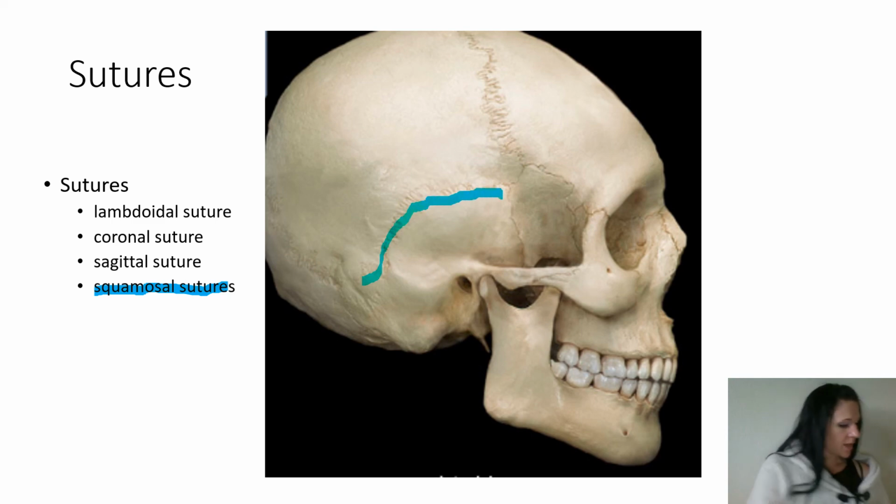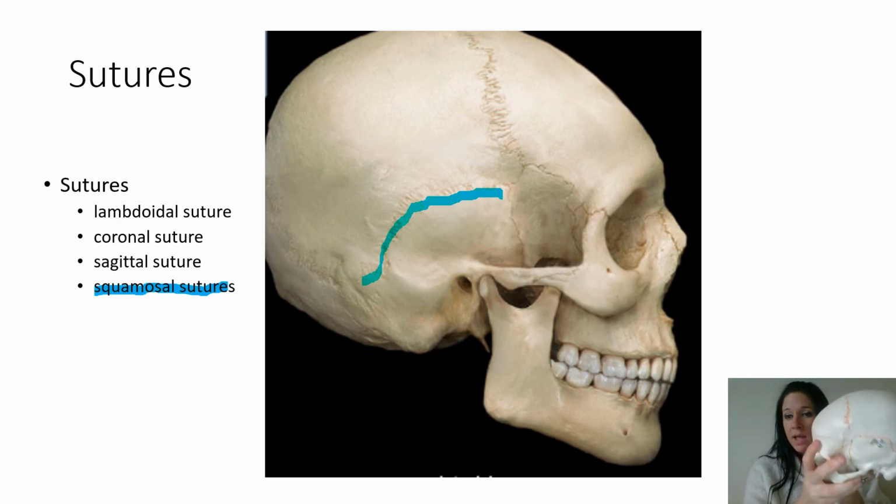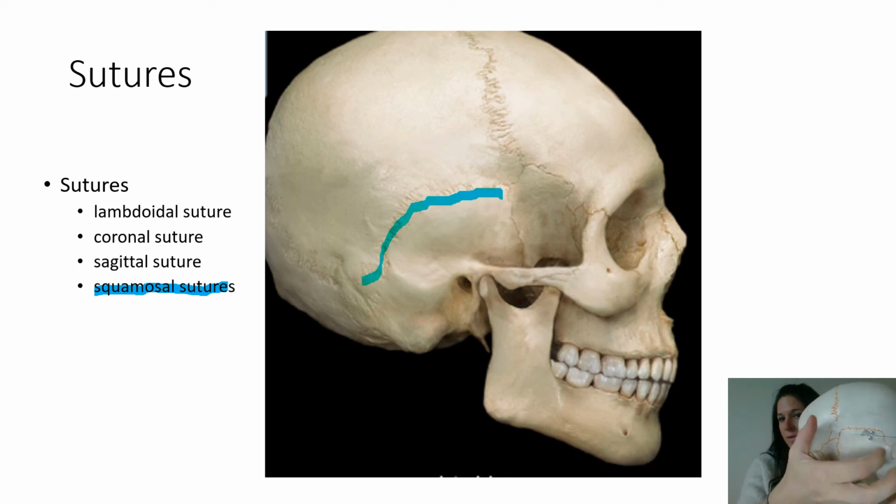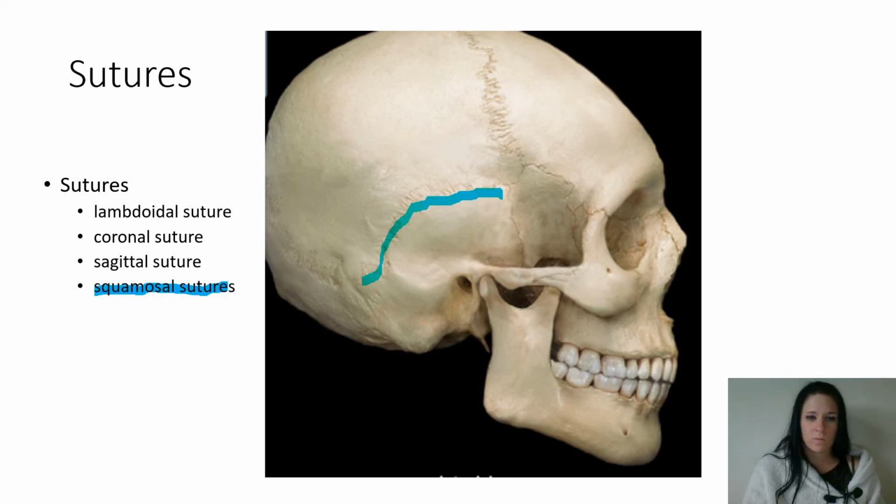If we look at the lateral side of our skull, here's that temporal bone, and you can see where it's articulating with the parietal bone. If we label that, recall that this is our temporal bone, and up here's our parietal bone. So in blue, that's our squamosal suture.